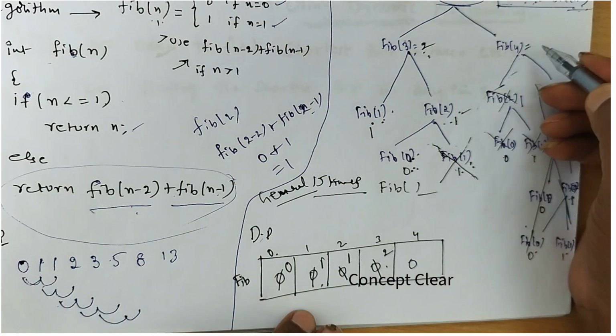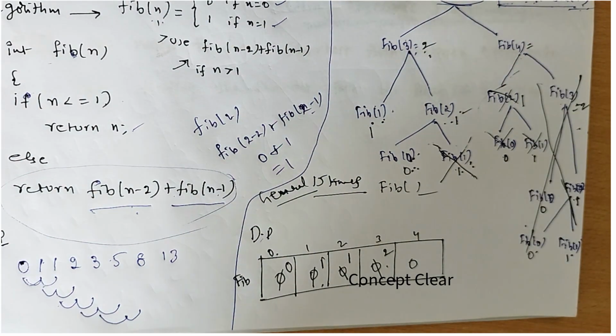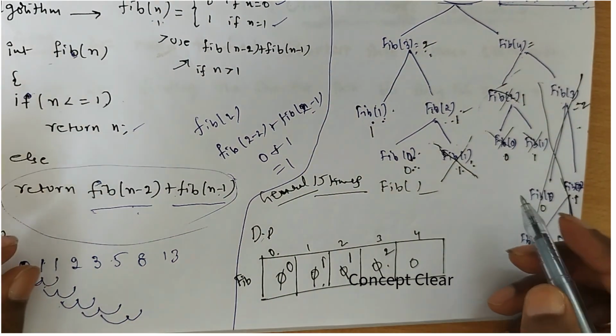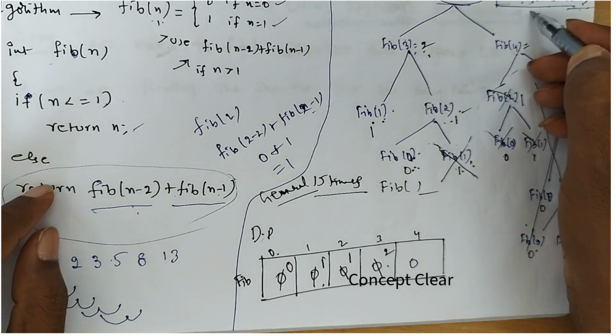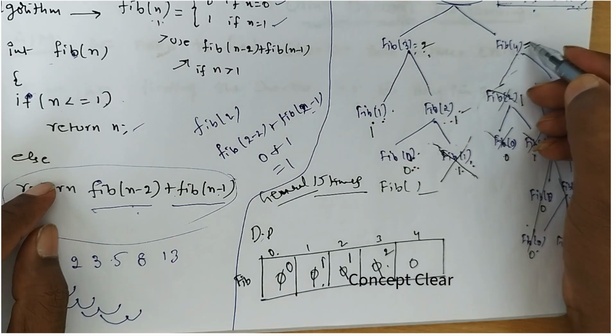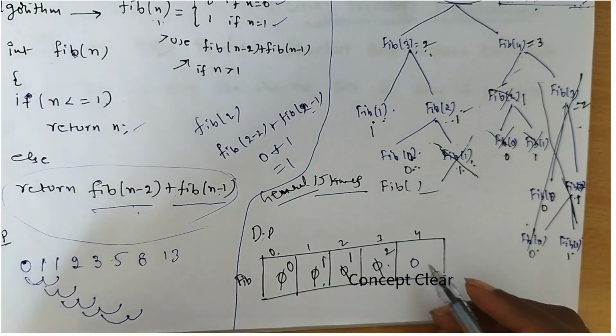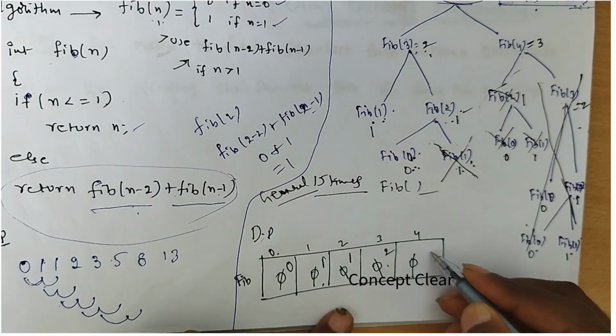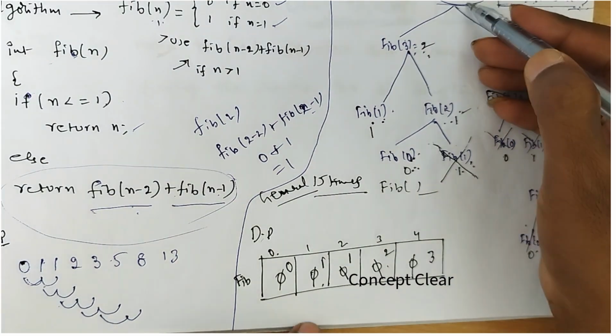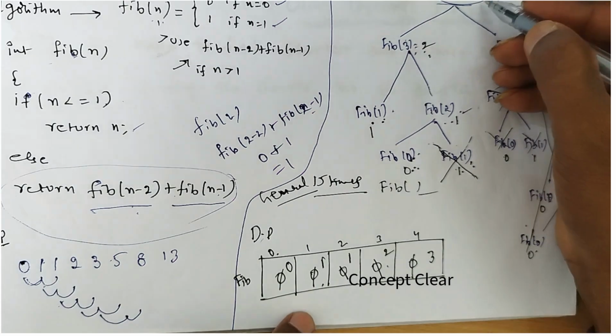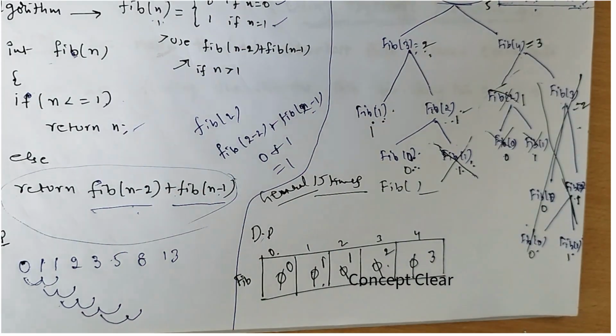And what about the fib of 4 value? Fib of 4 we have to call. If you implement fib of 4 with this formula, we will get fib of 4 equals 3, so we are overriding this 0 with 3. And what about the fib of 5 value? Fib of 5 equals 5.